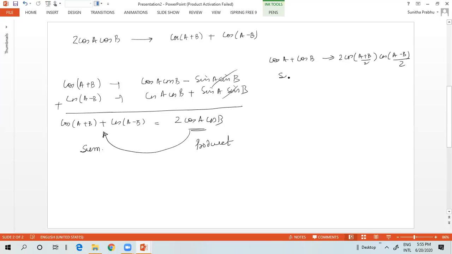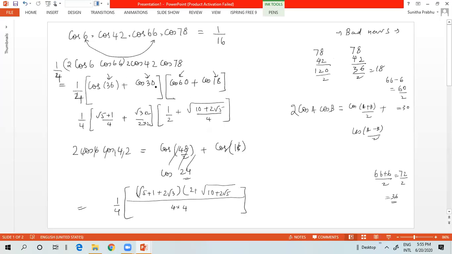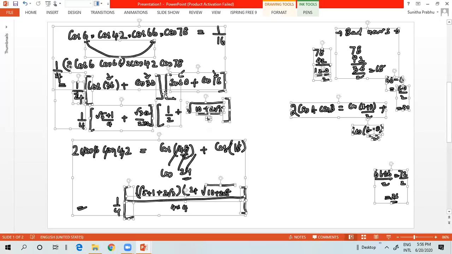So when sum is converted into a product, the by 2s come into picture. When product is converted into a sum, it does not. Okay, so we will redo this again.